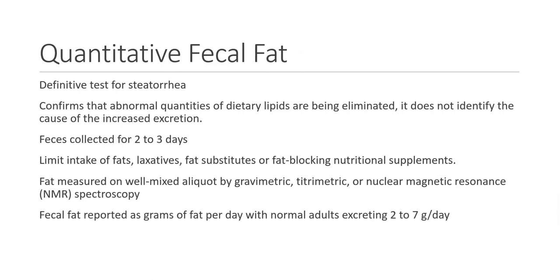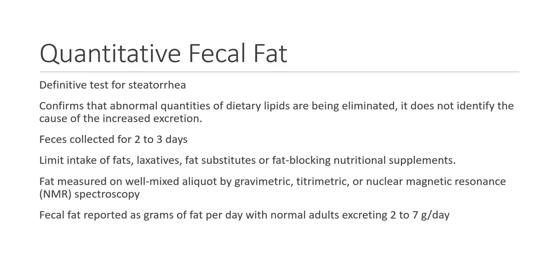Quantitative fecal fat. This is the definitive test for steatorrhea. It confirms that abnormal quantities of dietary lipids are being eliminated. It does not identify the cause for the increased excretion. Feces is collected for 2 to 3 days, so you need to have a big container.